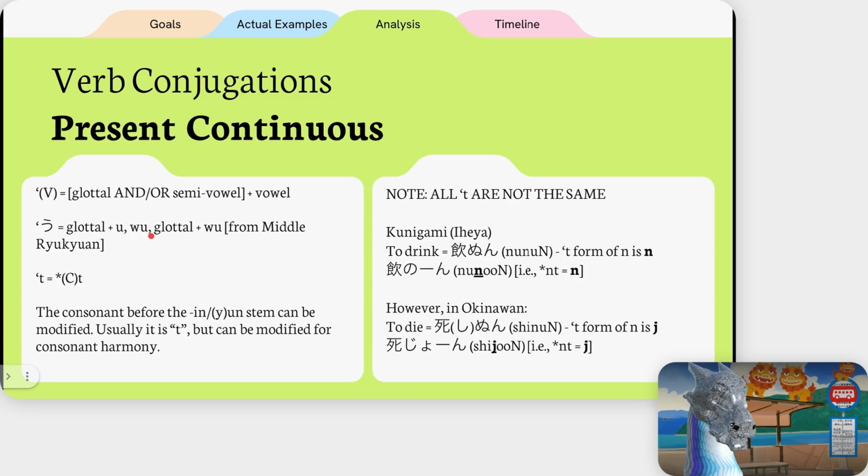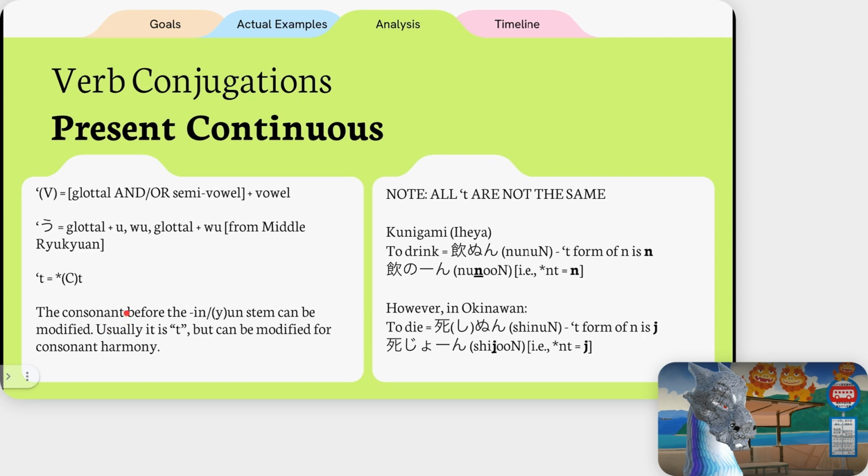It doesn't matter too much. Personally, I try to use double glottal woo, like Ti-un, like that kind of thing, if I'm trying to say this.